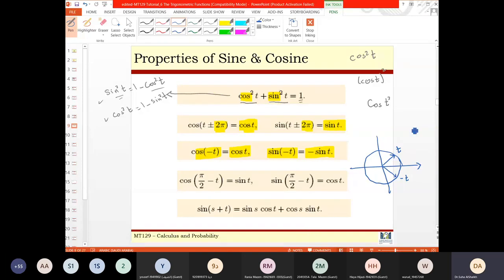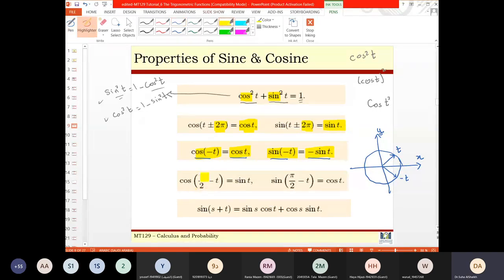Right? If this is t, minus t is the other direction. So the cosine, which is the x, is always positive for t and for minus t. So cosine of minus t is the same as cosine t. But the sine, which is y, is positive here, negative down. So the sine of minus t is minus sine t.